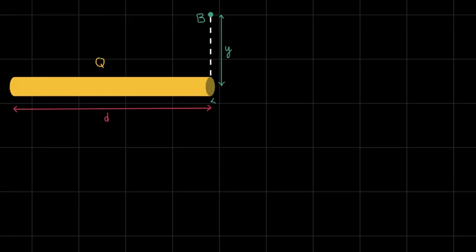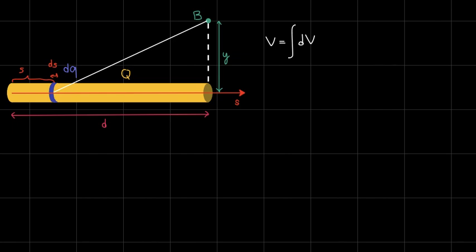Next, let's calculate the electric potential at point B, and point B is at a vertical distance y from the right end of the rod. To find the total electric potential, again we're going to integrate over dV, dV being the electric potential due to unit charge element dq.